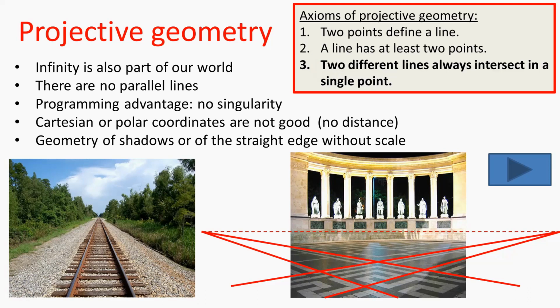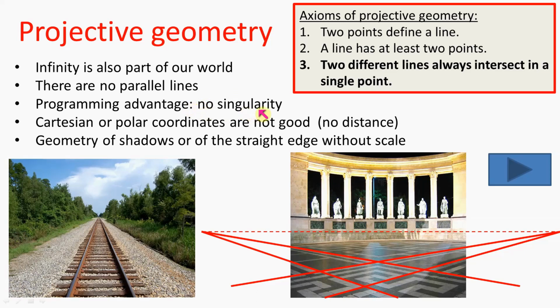But on the other hand, there are no additional axioms providing the fundamentals of introducing metrics like distances or angles. So spherical geometry and projective geometry are very close relatives. The difference between them is that spherical geometry is finite, and therefore it has a metric. Projective geometry is infinite and doesn't have a metric.